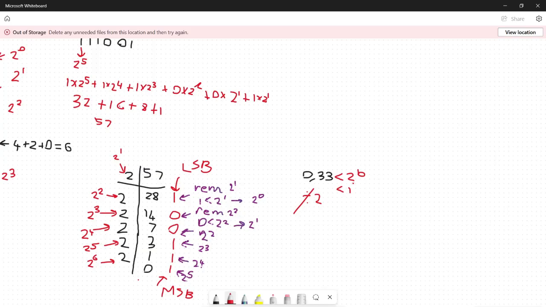If we want to get this number towards 2 to the 0, we're going to need to multiply it by 2. So we're going to say 0.33 times 2.